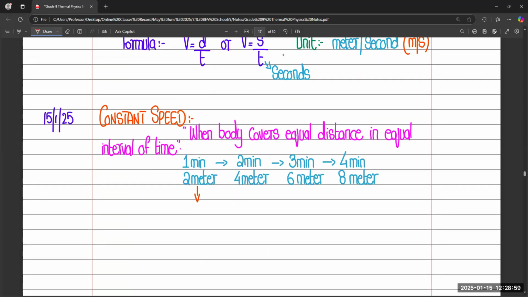So v is equal to distance, 2 meters, divided by 1 minute, which is equal to 2 meters per minute, right?